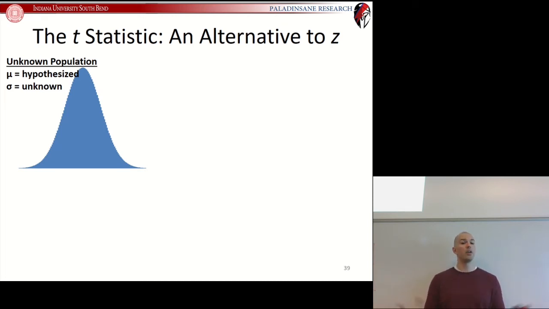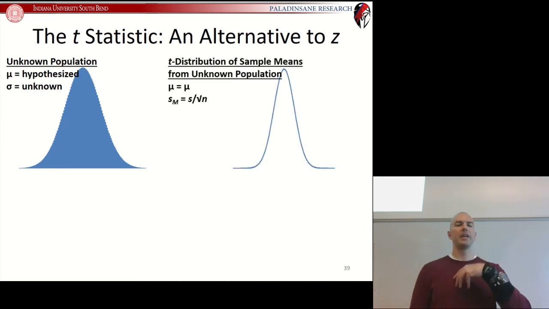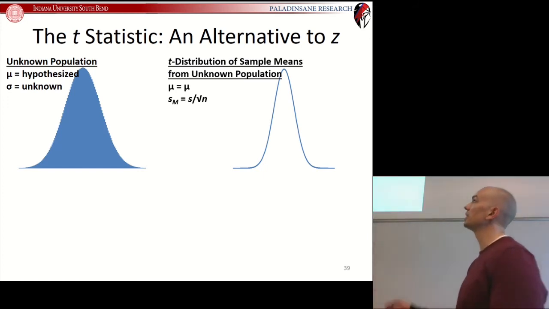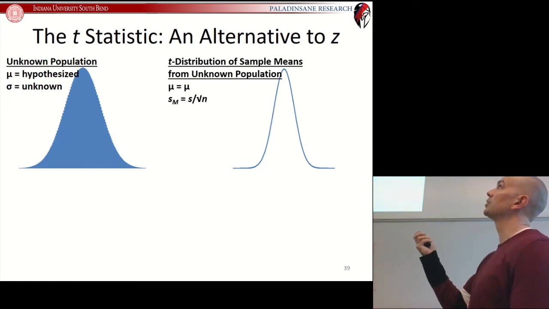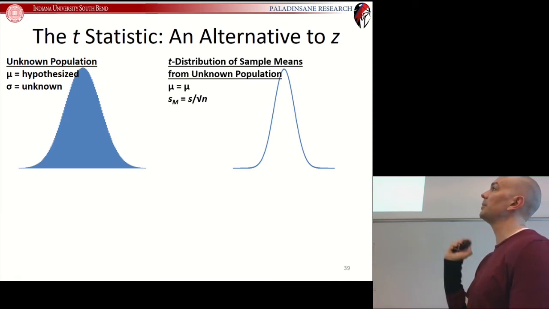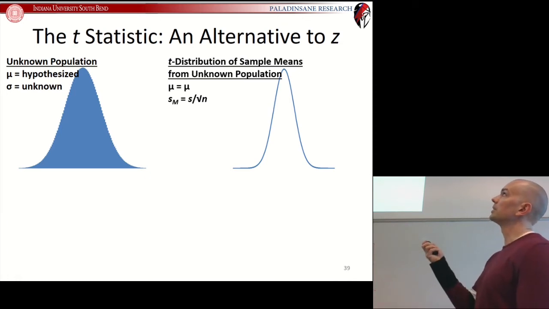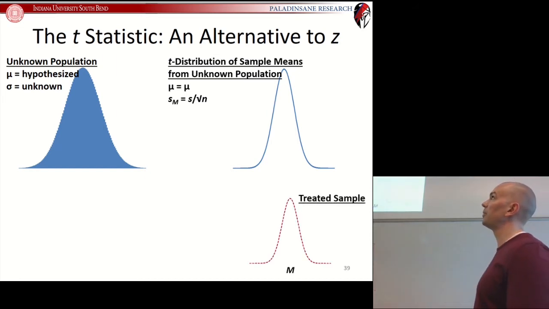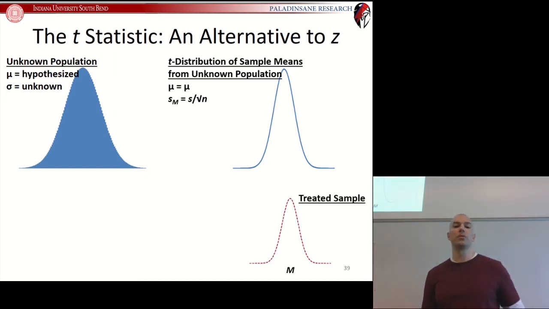We have an unknown standard deviation for our population. Because of this, we have a t distribution now of sample means from that unknown population, where the mean of our t distribution of sample means is the same as the mean of our population, but the standard deviation is the standard deviation of the sample divided by the square root of the size of the sample.